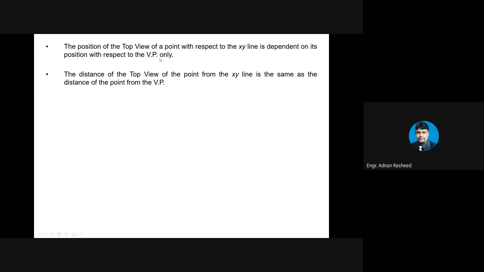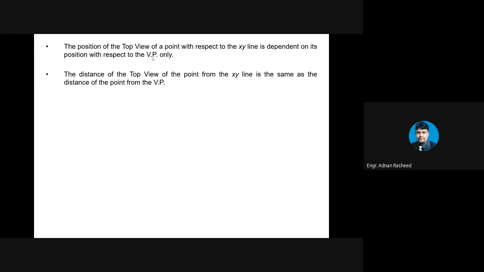If the point is behind the vertical plane, you will get the top view above the XY line. And if the point is in the vertical plane, its top view will be on the XY line.